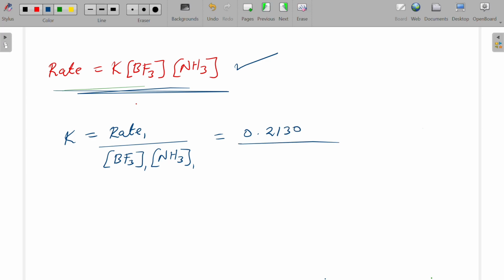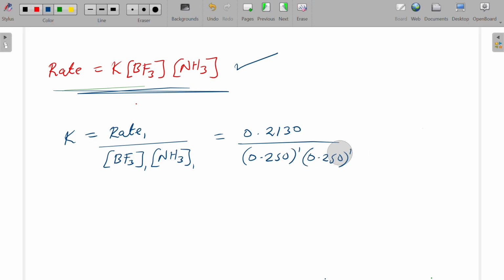Replacing here, the rate in experiment 1 is 0.2130, divided by the concentration of BF3, which is 0.250, multiplied by 0.250 for NH3.